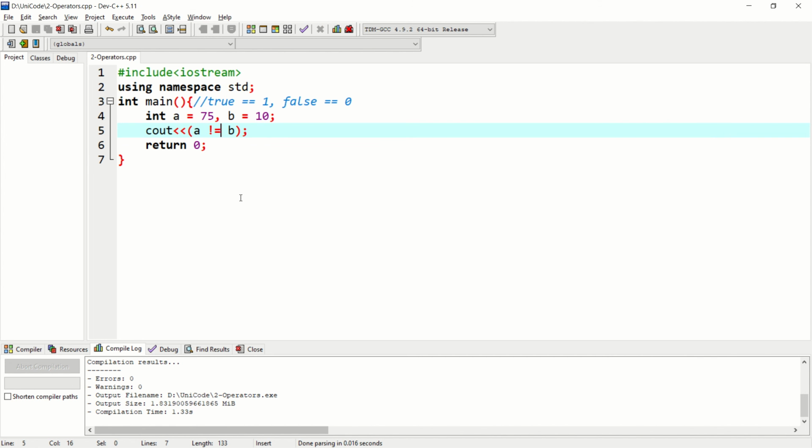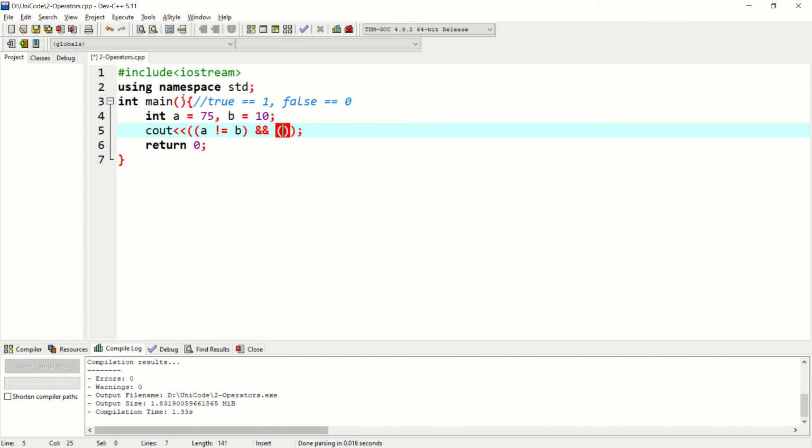Heading next to logical operators. Logical operators also give us an output of true and false. It checks two conditions at the same time. You can see here I have to put up an extra bracket and type here, and this is our and logical operator.